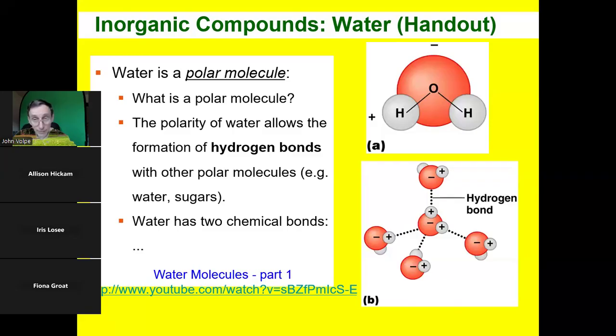The molecule has too much energy and the hydrogen bond can't form. So that's one of the chemical bonds in water. The other is the polar covalent chemical bond inside the water molecule, holding the hydrogen to the oxygen. Any question about any of that?